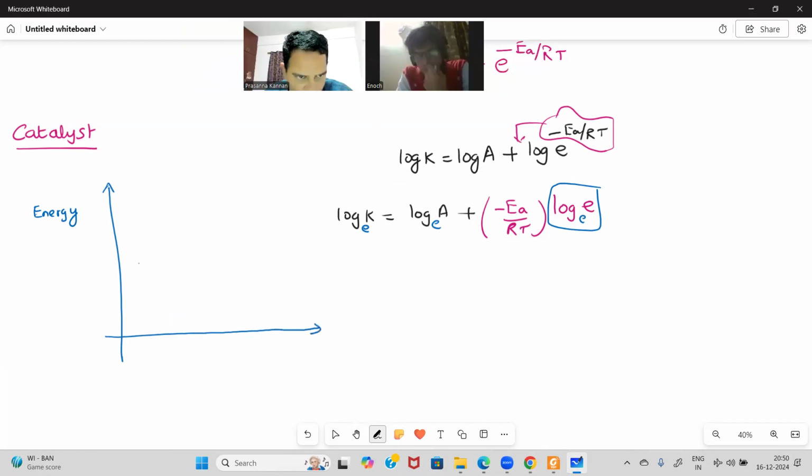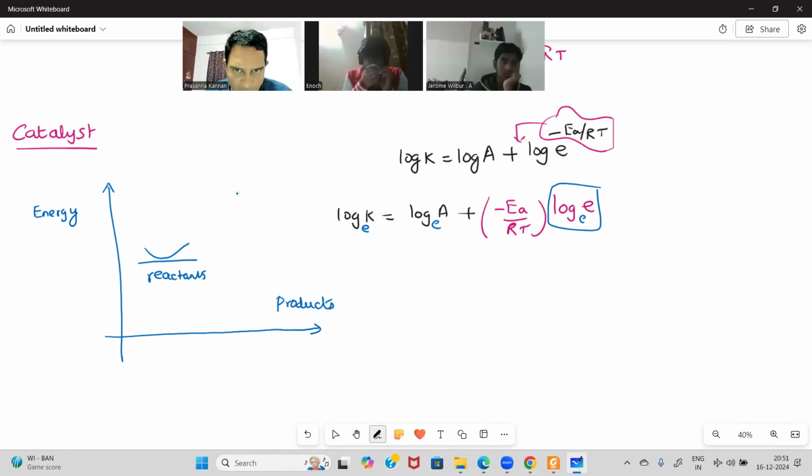It may be an endothermic reaction or an exothermic reaction. So let's say we have reactants here, energy profile, energy. Products energy here, okay? Now, usually what happens is reactants don't get converted to products directly. Usually they form an intermediate whose energy is high and which is unstable. Then it lowers its energy to give products, right? So this is usually the energy of the intermediate.